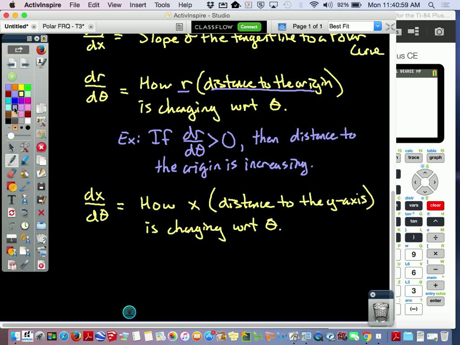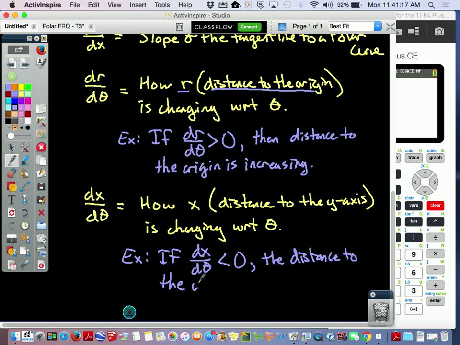So as an example, if dx d theta is less than 0, then the distance to the y-axis is decreasing. Similarly, if dx d theta is greater than 0, the distance to the y-axis is increasing.